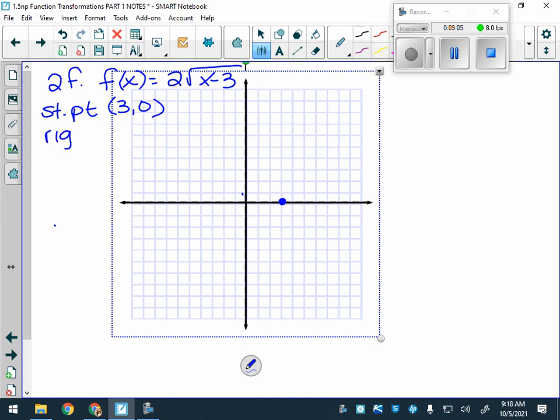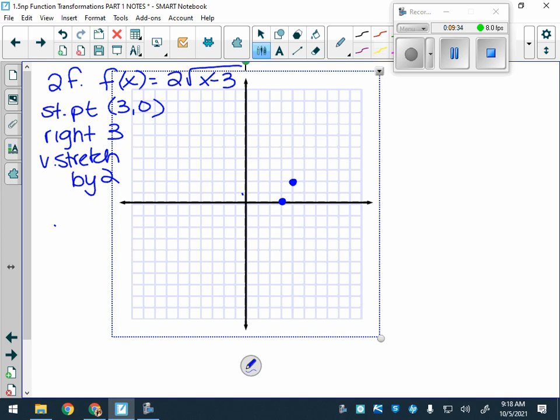What other transformation is happening? Cooper? Vertical stretch by 2. So, you could do this a number of ways. If I was to plug in an x value right next door, so 4. 4 minus 3 is what? 1. Square root of 1 times 2.